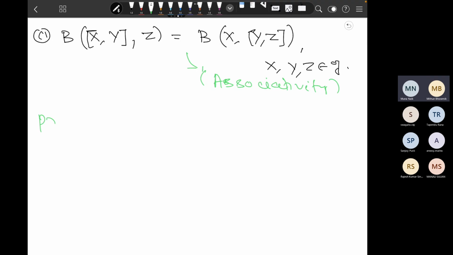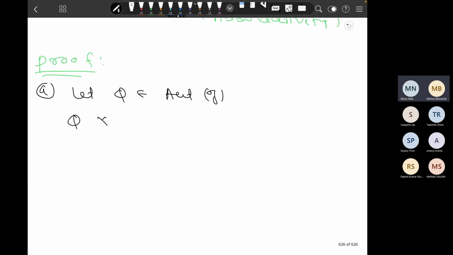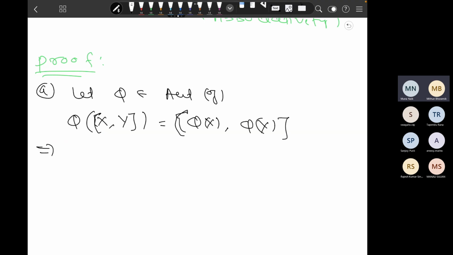So proof. Let us see. First A: let phi belong to the automorphism group of G. That means if you look at phi of the Lie bracket [x, y], this is really [phi x, phi y]. So using this thing, you really get phi composed with ad x applied to y, and this is really ad of phi x composed with phi of y.